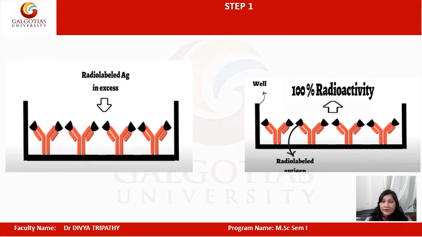Again saying, we have added excess radio labeled antigen, and this excess of antigen has the probability to bind with all antibodies present in the microtiter plate. Then after washing, we will have 100% coated antibodies. Coated with what? Coated with radio labeled antigen. Now this microtiter plate will have 100% radioactivity. This is the first step of RIA.